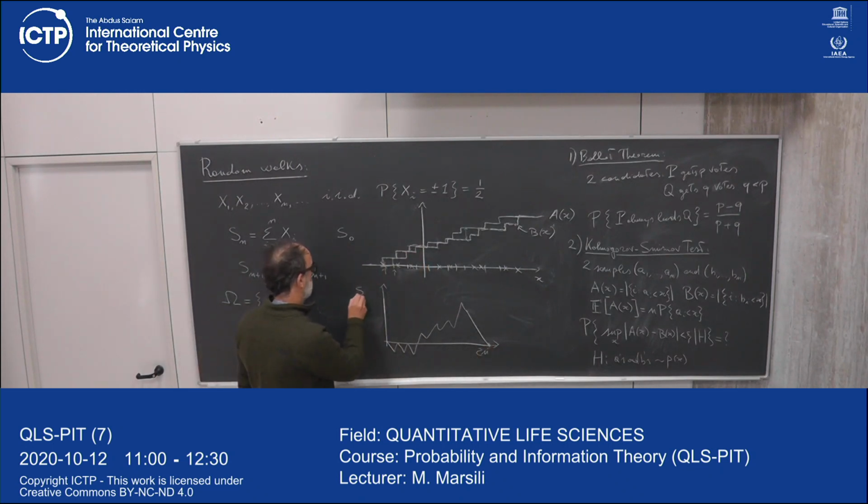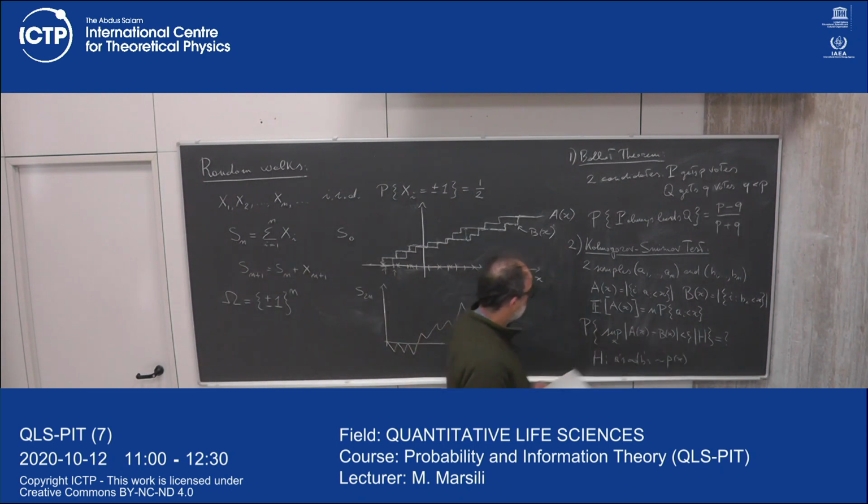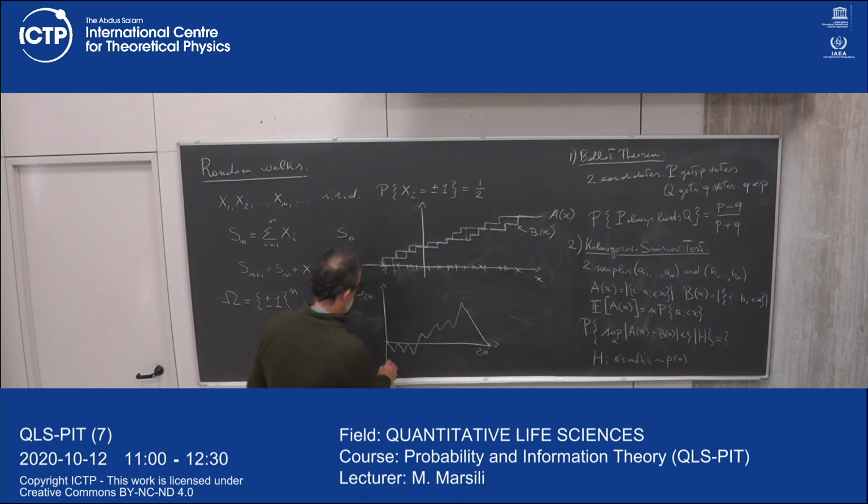Okay, so you can compute a random walk also for this case, and then this problem becomes the problem of understanding what is the probability that, if you fix xi, this random walk always stays between plus xi and minus xi.